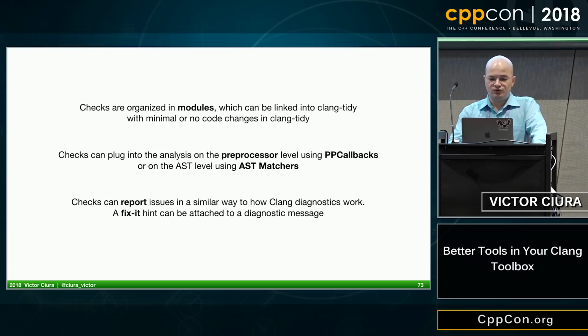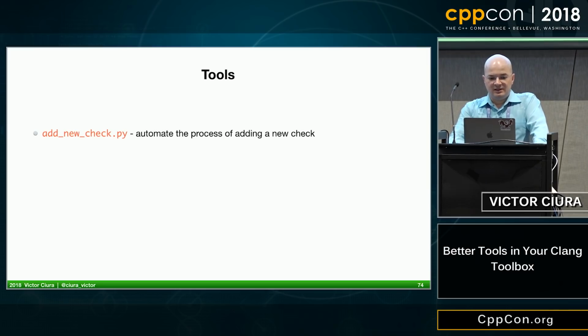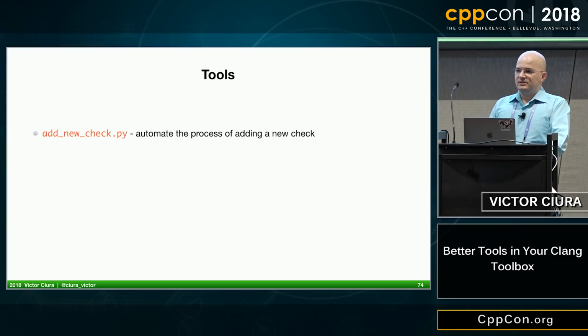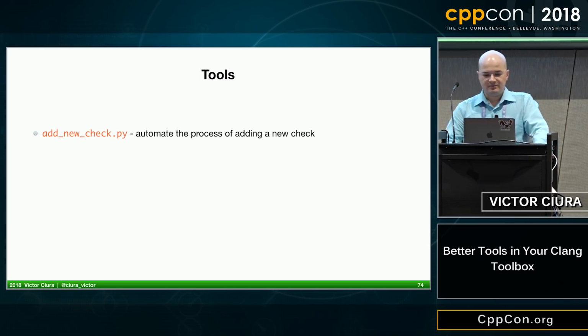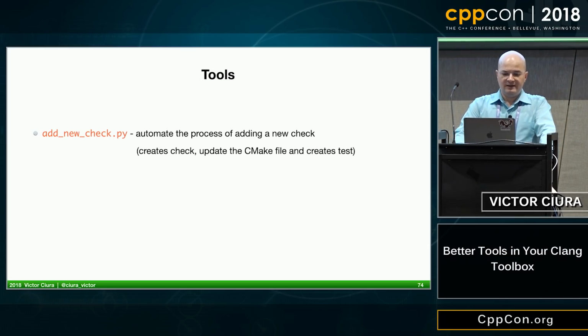Checks can report issues in a similar way to any Clang diagnostics, and can even provide automated fixes like we've seen. So you can definitely go in there and roll your own and automate the process.